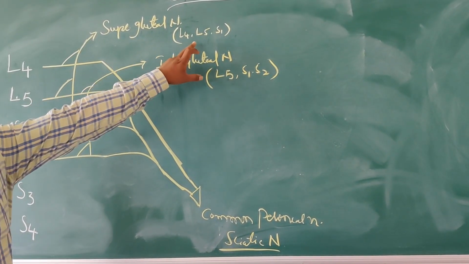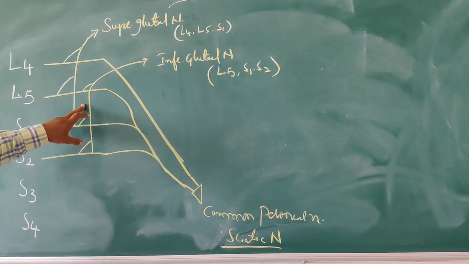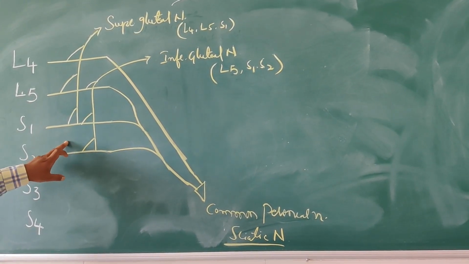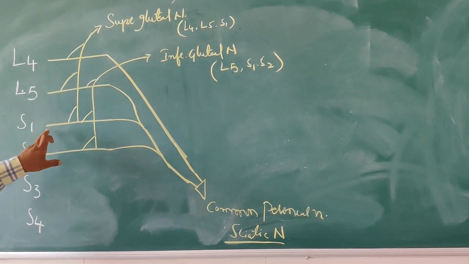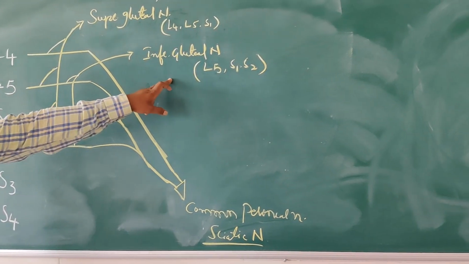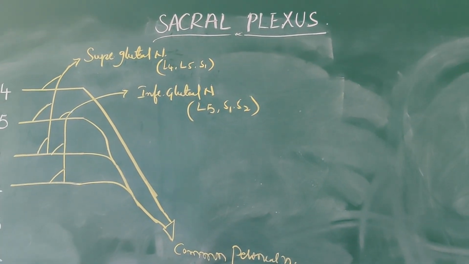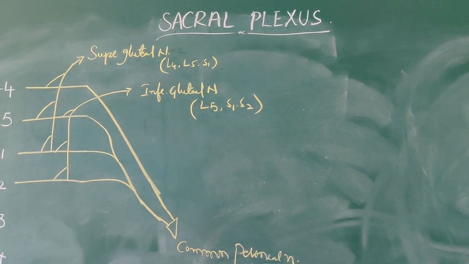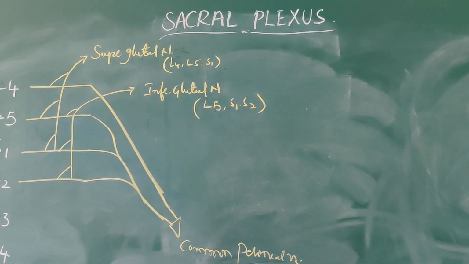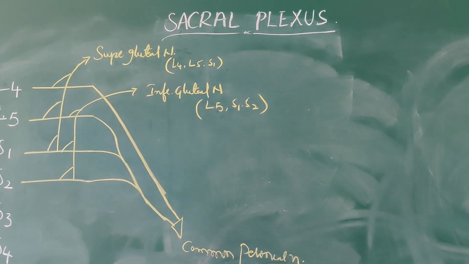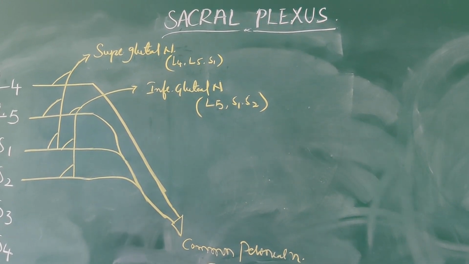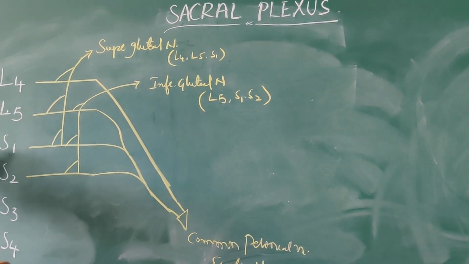The inferior gluteal nerve arises from the posterior divisions of L5, S1 and S2. Then we have the nerve to piriformis, which arises from S1 and S2.